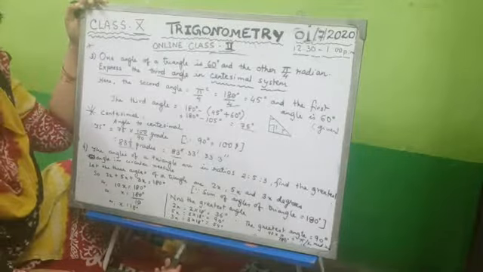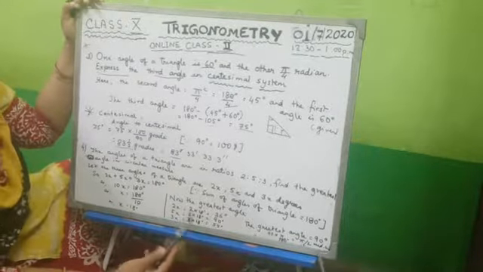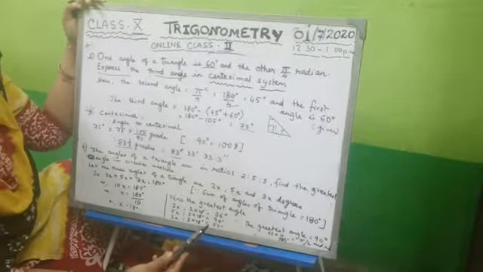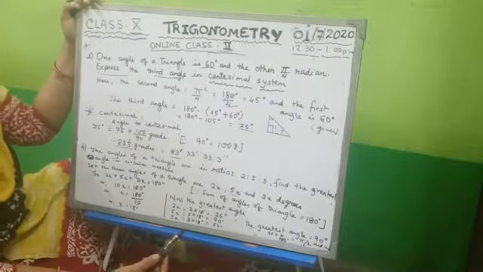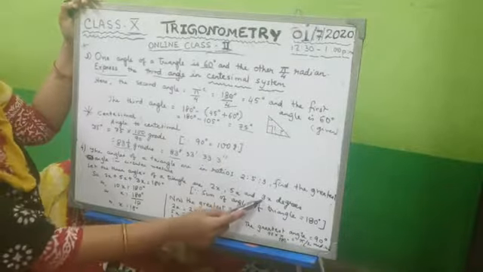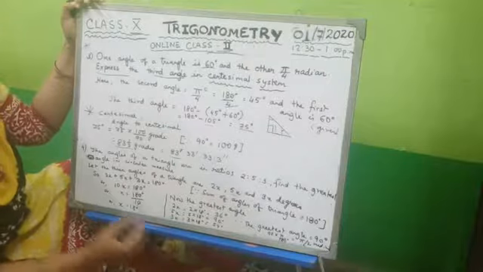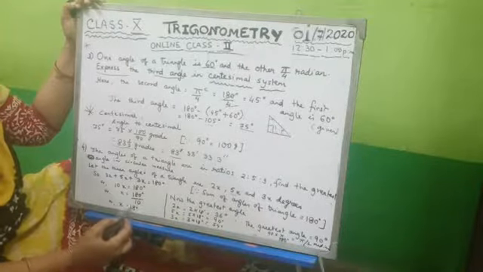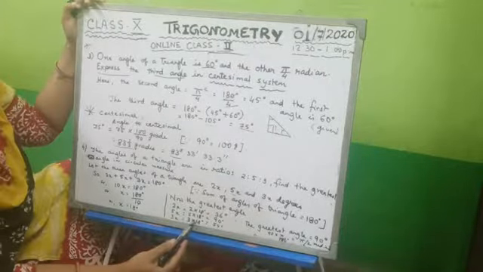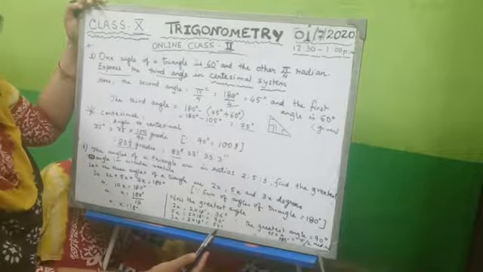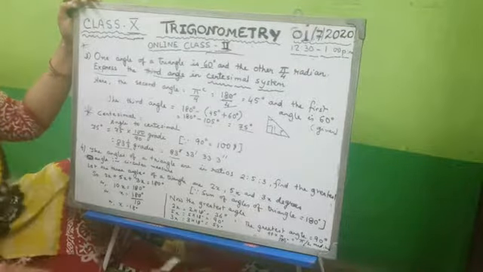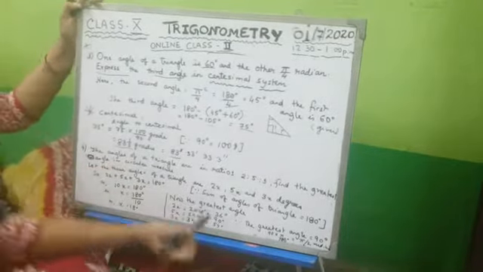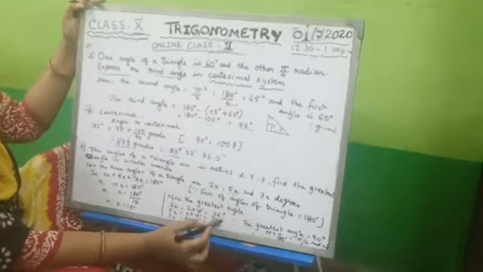X is 18 degrees, so 5 into 18 is equal to 90 degrees. Correct. And the third angle is 3x, which is 3 into 18 degrees, equal to 54 degrees. Clear?